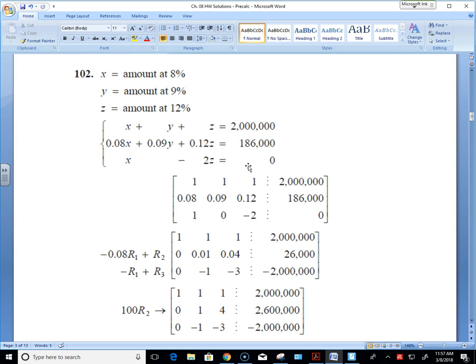Question. Where did the x minus 2z equals 0 come from? You guys are saved. So close. Okay. So the amount in the first loan or the first... Ooh, did I just say loan? It's a loan.